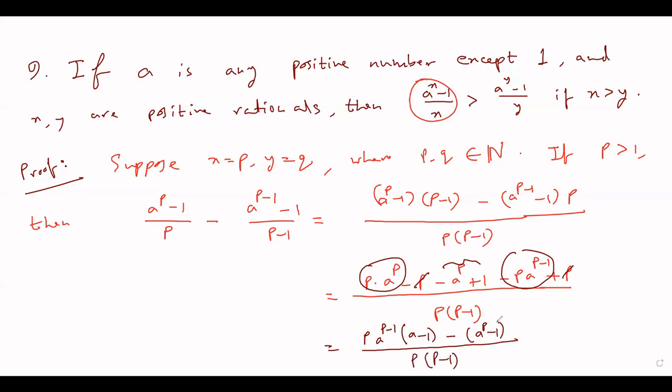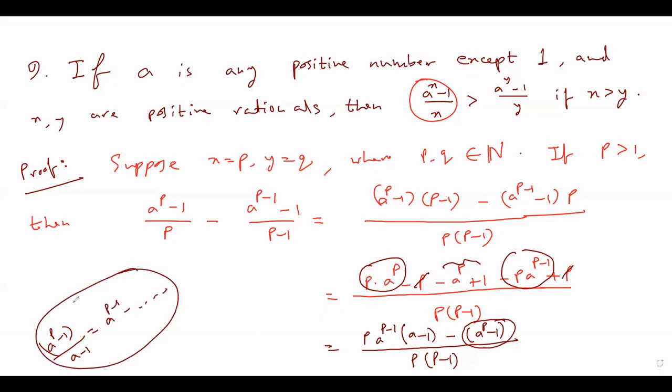So now what we are going to do is expand this using the formula: if a to the power p minus 1 is divided by a minus 1, the quotient is a to the power p minus 1, and so on. We are going to use this in the next line.